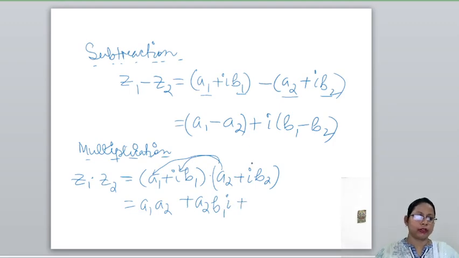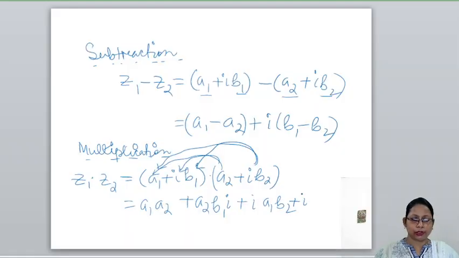Again plus the product of this with this, that is i a1 b2. Then this with this: here it is i square b1 b2. I square is minus 1.